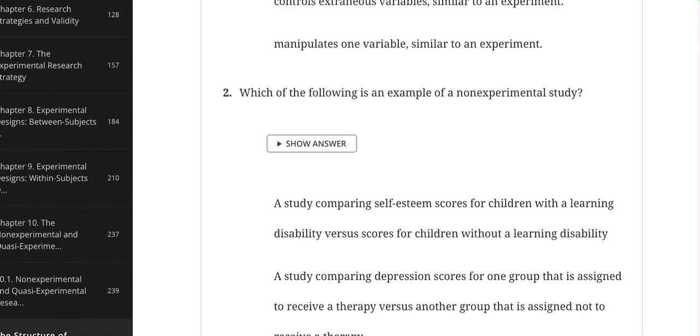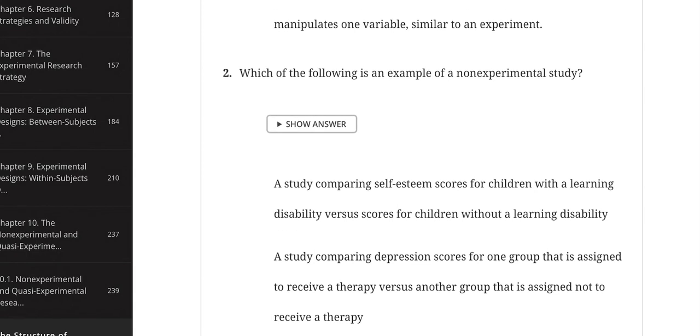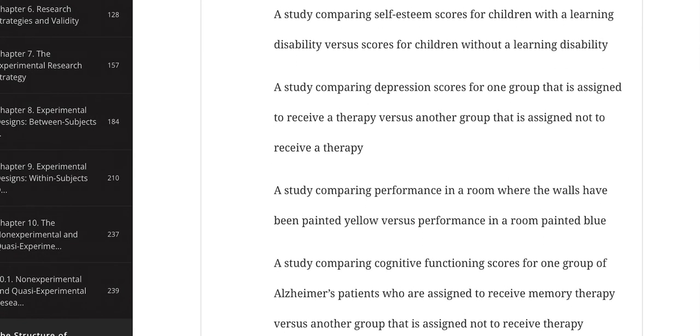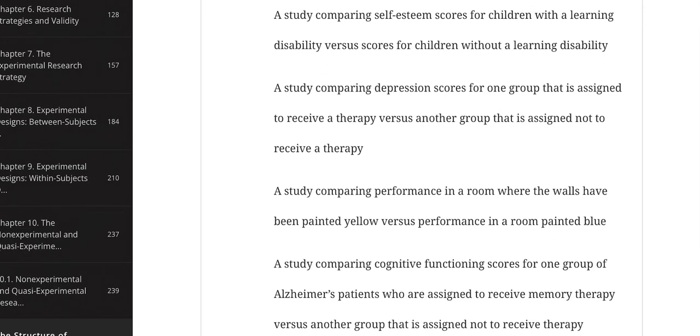And then the last question here, which of the following is an example of a non-experimental study? So I'm going to scroll all the way up so you can see all the answers, hopefully. Again, non-experimental, so we're looking at an example. If we start at the bottom, a study comparing cognitive function scores for one group of Alzheimer's patients who are assigned to receive memory therapy. I can stop right there.